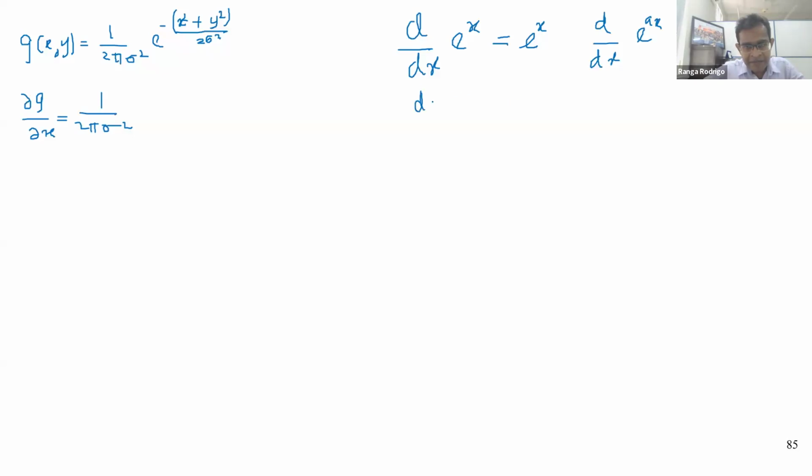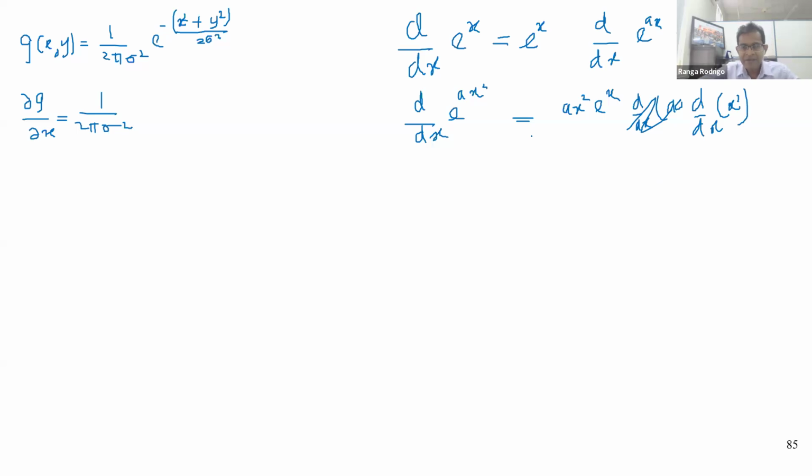Finally, d by dx, if you have something like e to the power of ax squared, what do you get? e to the power of ax squared times d by dx of ax squared. This is what you have.